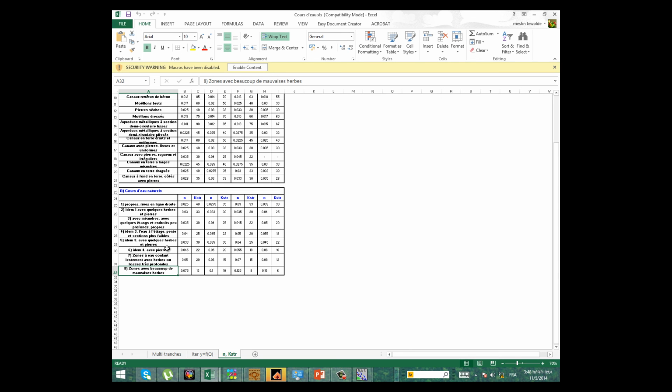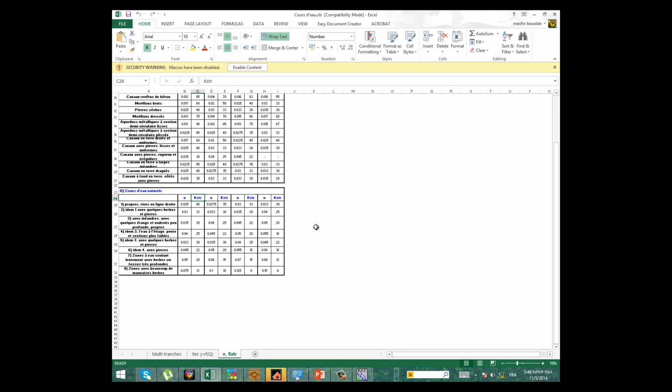So we chose 0.1 as the n value. K means 1 over n. K is the length of the roughness, the height of the roughness, a measurement in micromillimeters or something.